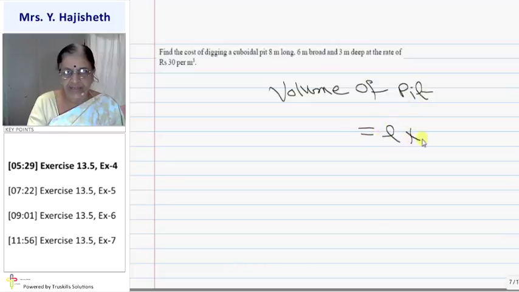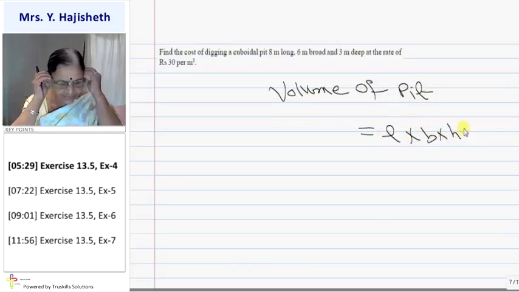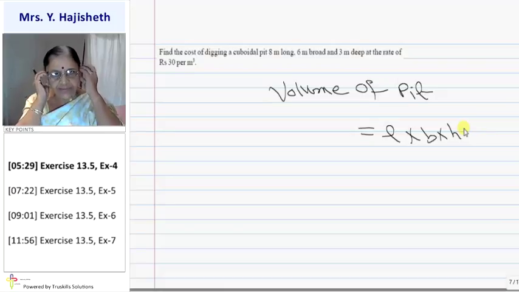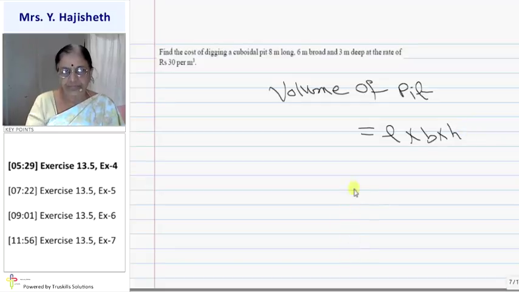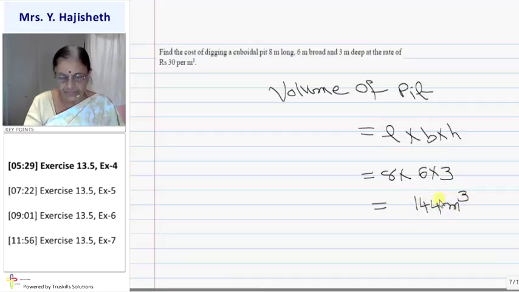It is L into B into H. This is a very simple exercise, because it is about cube and cuboid. First is about surface area and volume, and second is about volume. Volume of pit is L into B into H. Clear? So it is 8 into 6 into 3. So it is 144 meter cube. This much is the volume.